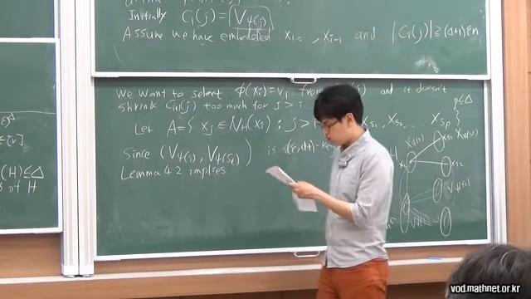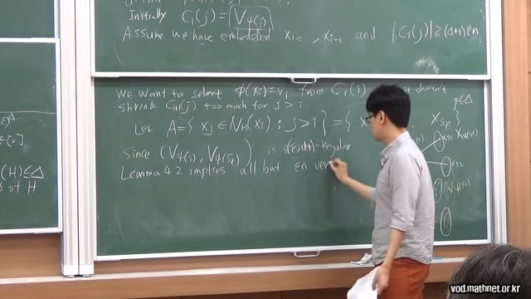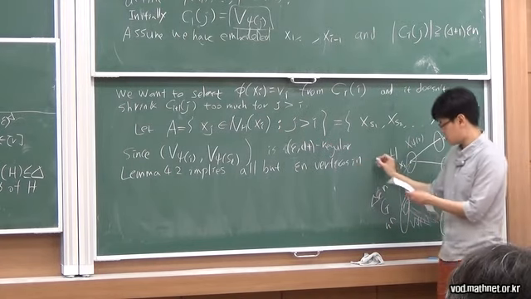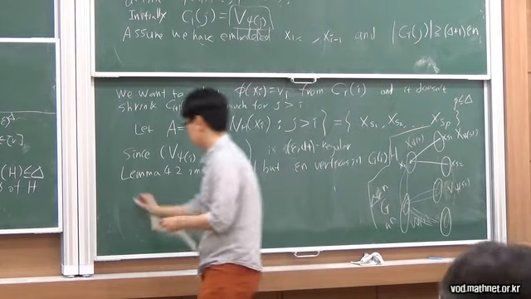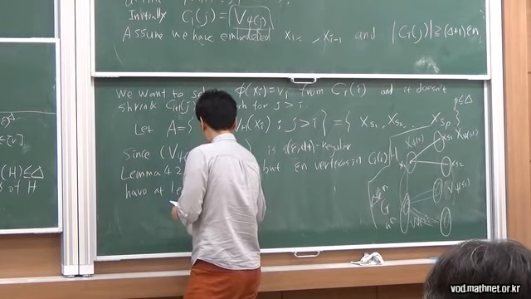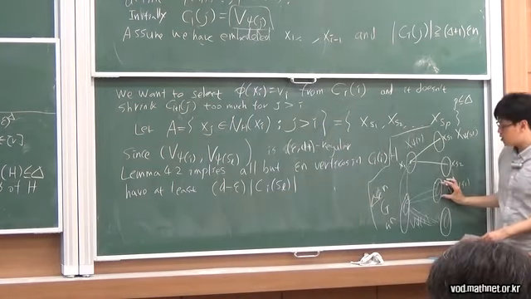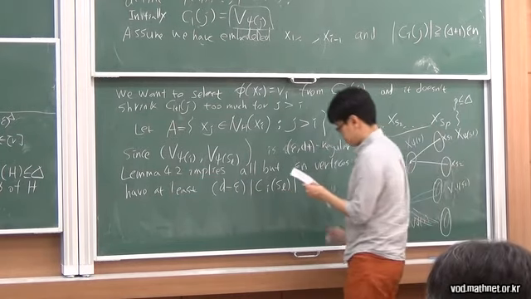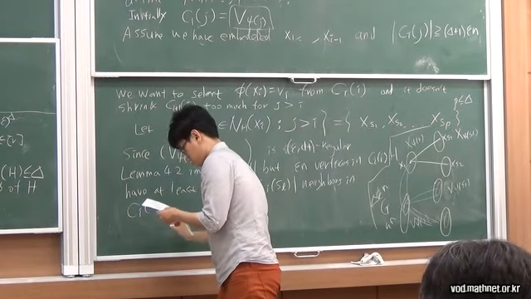So Lemma 4.2 implies that all but epsilon n vertices in this entire set, in other words, still that many vertices inside of this C sub I, because C sub I is a subset of this entire set, have at least d minus epsilon times C sub I SL neighbors in C sub I of SL. So the current candidate set has this size, and then it shrinks into a smaller set by a factor of d minus epsilon.